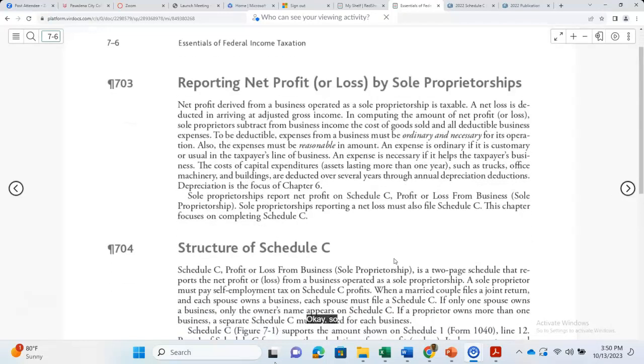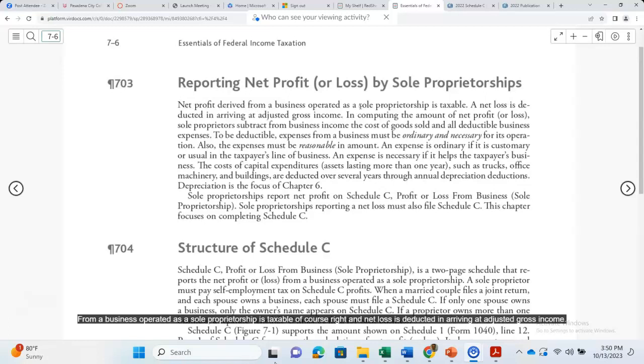Okay, so let's see what's here. Maybe I can find something. Let's read it a little bit. Net profit derived from a business operated as a sole proprietorship is taxable, of course, right? And net loss is deducted in arriving at adjusted gross income.